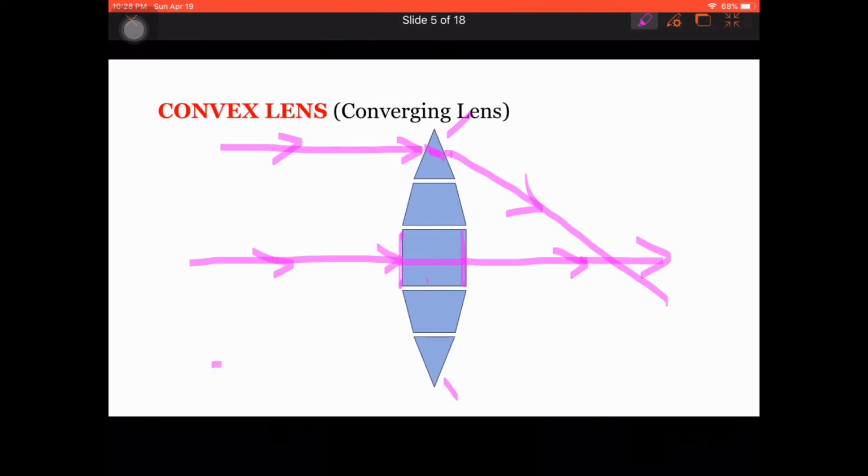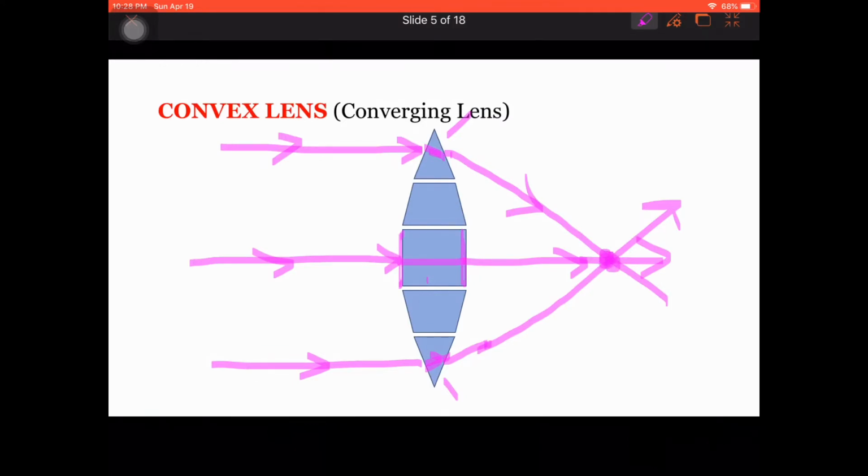If a ray of light is incident from here, it will just do the opposite of what the prism on top has done. So the light ray will bend towards the normal, and then it will bend away towards the wider end of this prism, and then it will continue like this. Now, as you can see, it has converged. These light rays converged at one point.